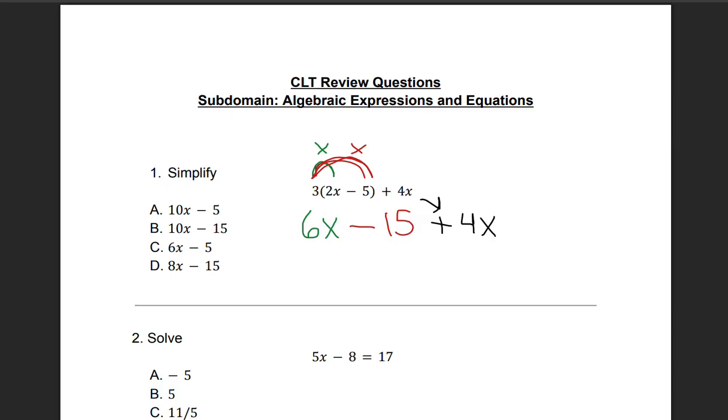At this point, we are going to look and see what we can possibly do to, again, combine and simplify this expression. We should notice we have what's called like terms. Like terms have the same variable with the same exponent. So that's very important for us to know.